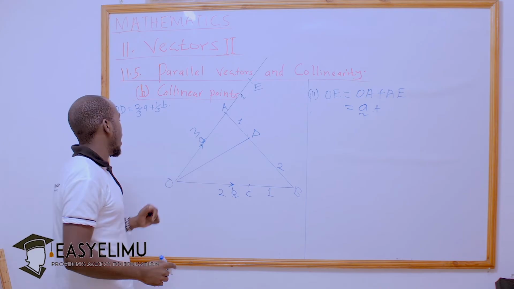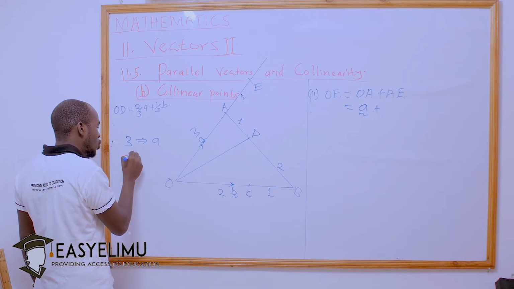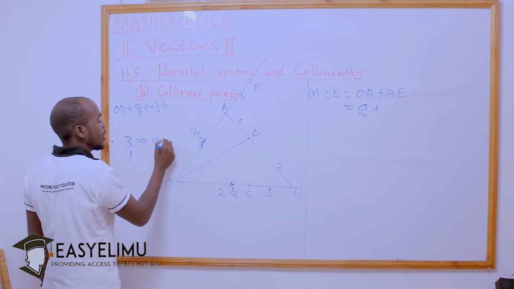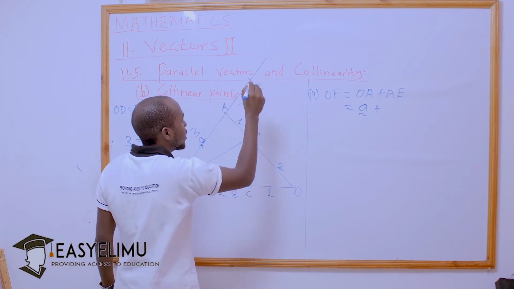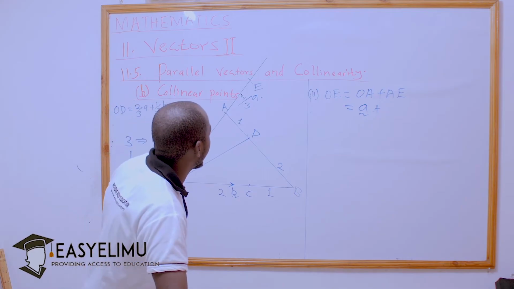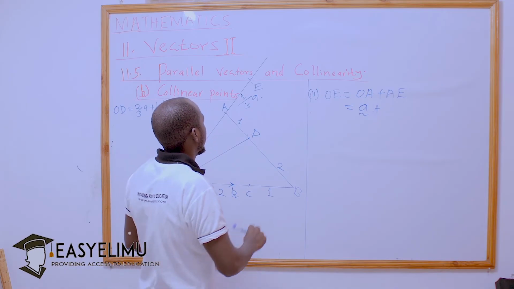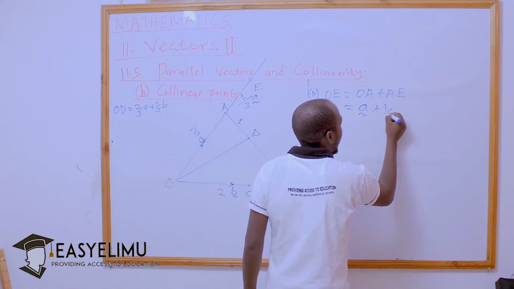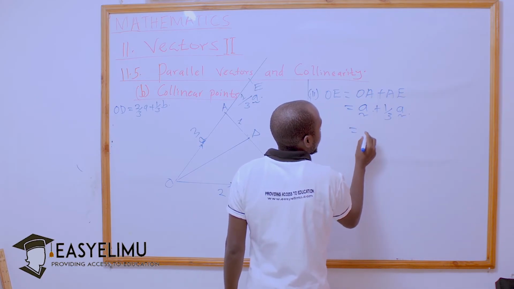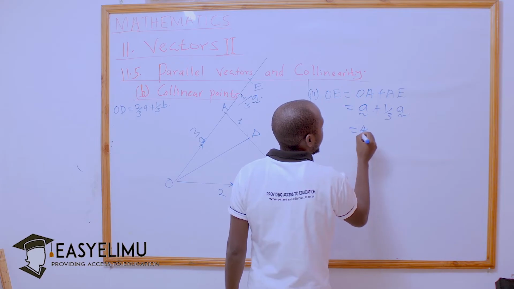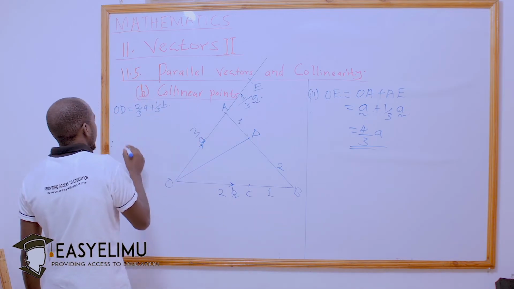If 3 represents A, then 1 will represent 1 over 3 times A. So AE is a third of vector A. So we shall add a third of vector A, and in that case this will give us 4 over 3A. And that is the value of OE.